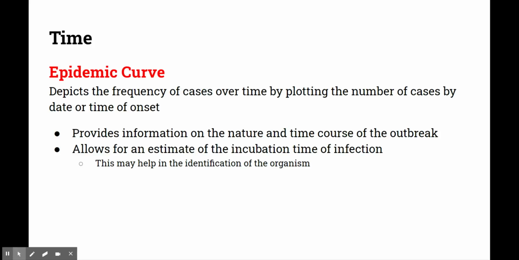So what we see constantly and what people have been bombarded with in the last several months is what's known as an epidemic curve, or epi curve, as I like to say. And essentially, this is just a simple graph of the number of cases plotted over time.